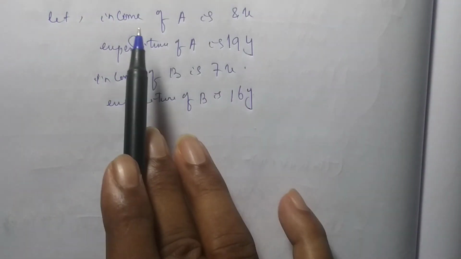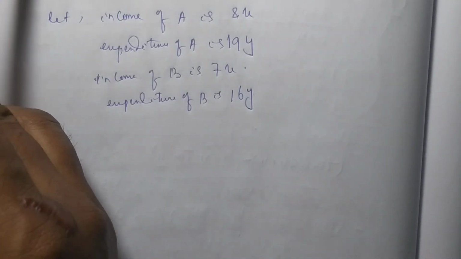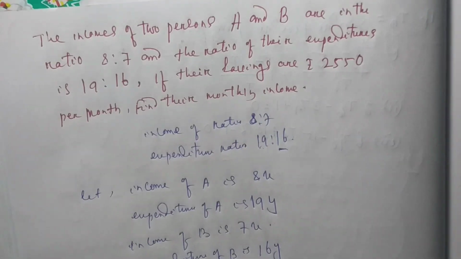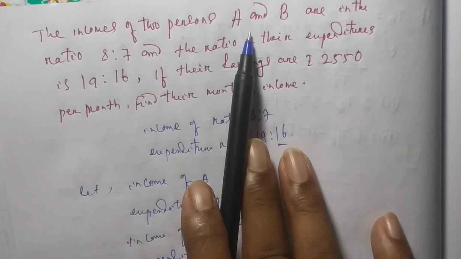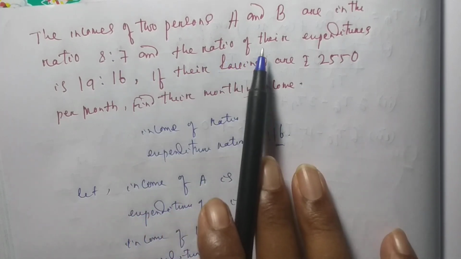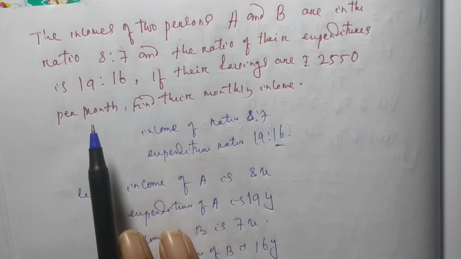What is the question given? The incomes of two persons A and B are in the ratio 8:7 and the ratio of their expenditure is 19:16.